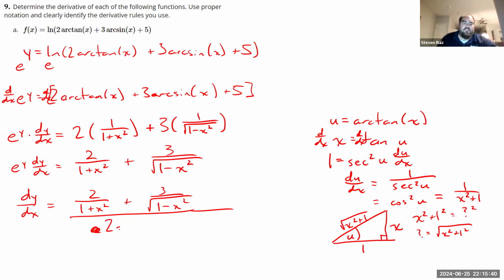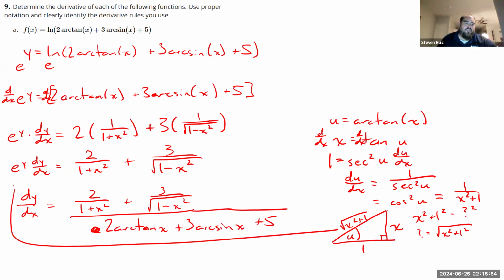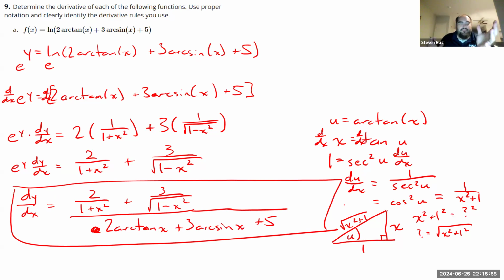So over 2 arctangent x plus 3 arcsine of x plus 5. So pretty involved derivative. There are probably many ways to algebraically manipulate this before you get to this point, but I just showed you one. If there are ways which make more sense to you, feel free to use them.